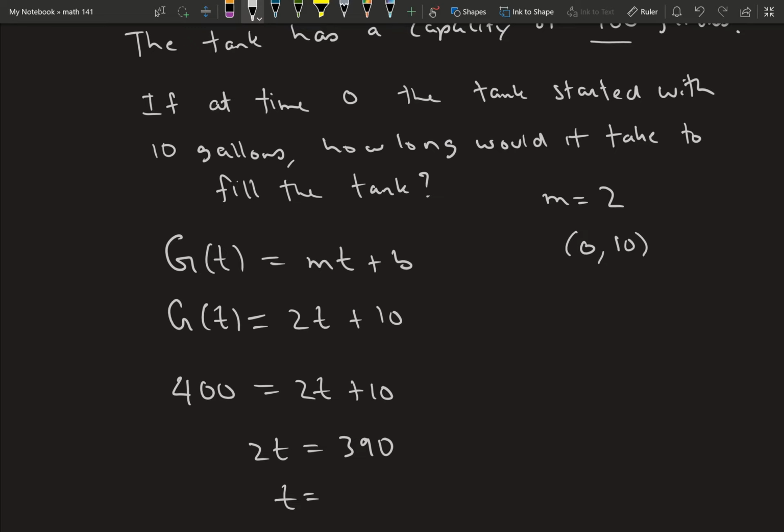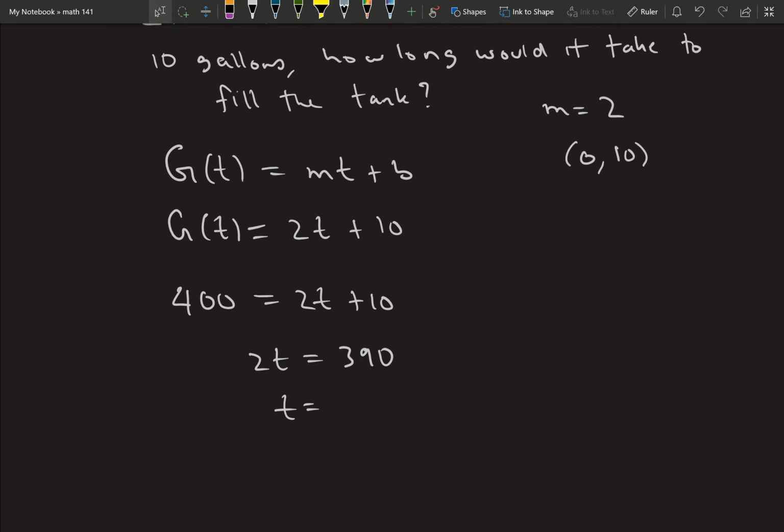So t is, you divide both sides by 2, 390 divided by 2, so that's 195. Okay, so that's 195 minutes to fill the tank.